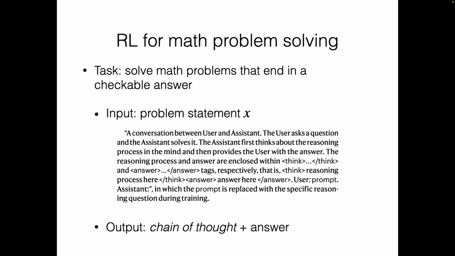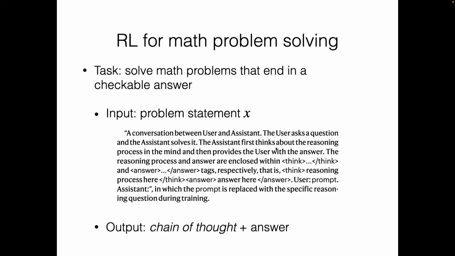Here the output is going to be a chain of thought plus an answer. So it's not necessarily going to be a solution. It's basically any sequence of tokens, and the model can think however it wants in order to maximize the reward. So they say you have this conversation between a user and assistant.